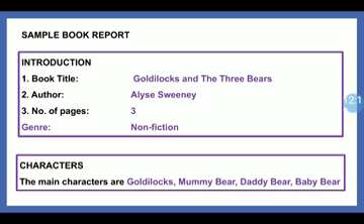You need to indicate or state the author of the book. In this case, it's Alice Sweeney. You also need to state the number of pages that are in the book.